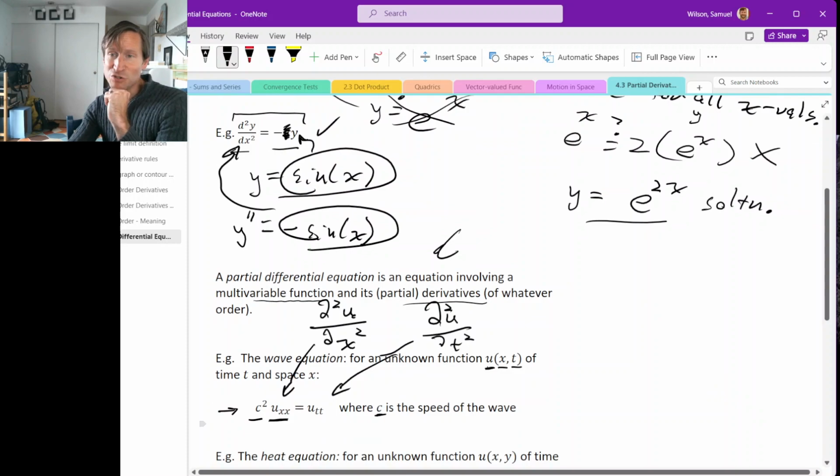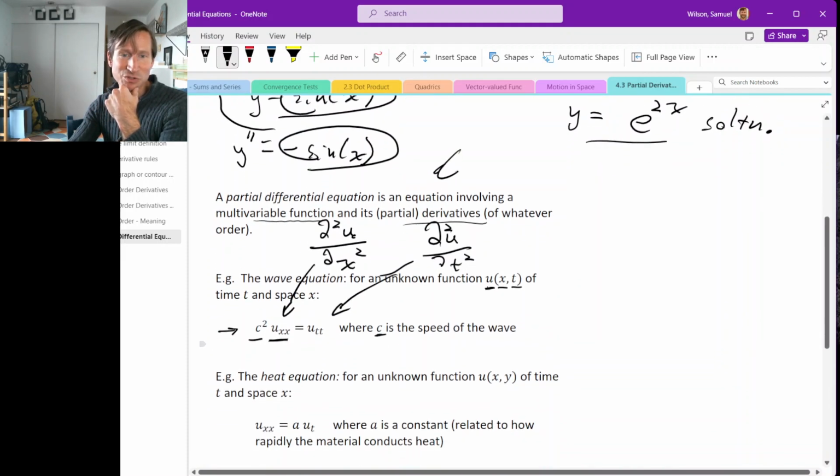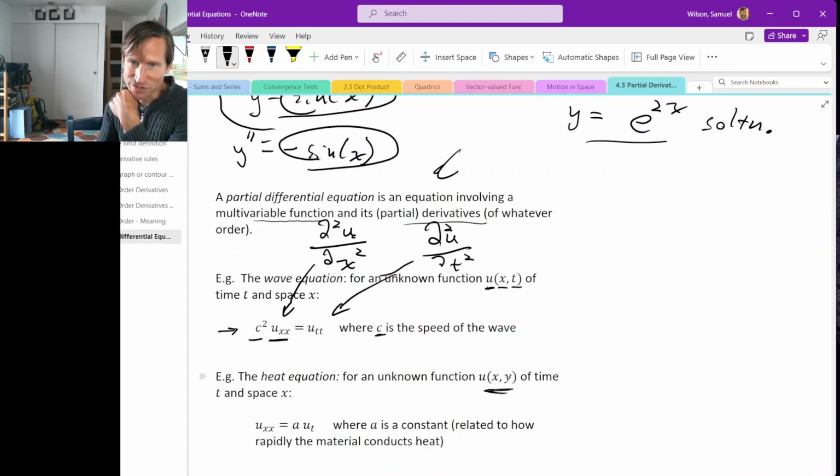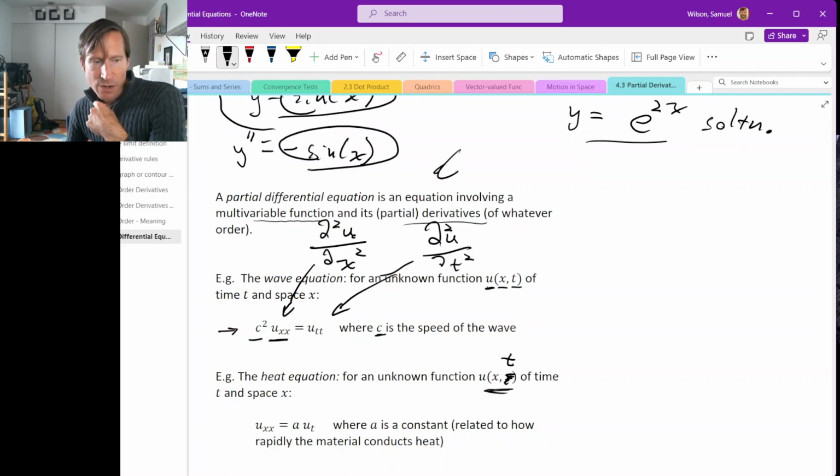Another common differential equation that shows up in physical situations is called the heat equation. The heat equation is also a differential equation where the function has two input variables, one representing space and one representing time.